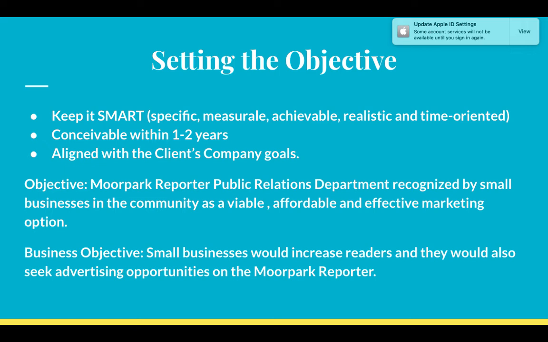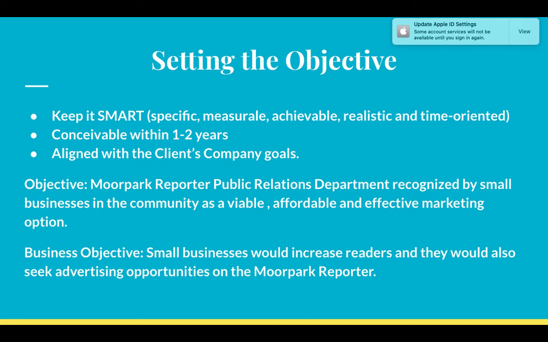So ideally, you want to offer your client two objectives, one for the company as a whole and one for the communicative strategies. This helps to make sure that both are aligned. So one example objective would be: the Moorpark Reporter Public Relations Department recognized by small businesses in the community as a viable, affordable, and effective marketing option. The Moorpark Reporter is a student-run digital newspaper at Moorpark College.